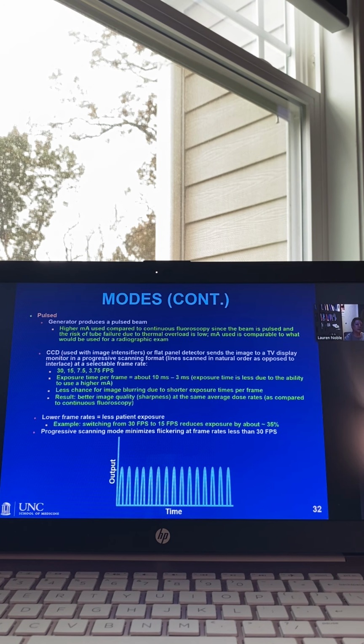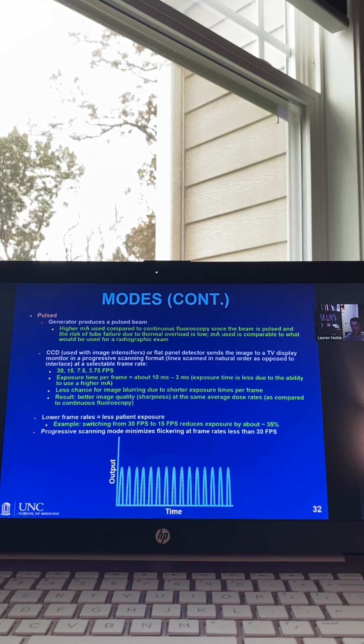And the reason we can have this happen is because the images display so quickly. We don't need that x-ray beam continuously on in order to create an image. We're able to have a little bit of downtime. And so that's what's called the pulsed mode, and the images are displayed in a progressive scanning format.